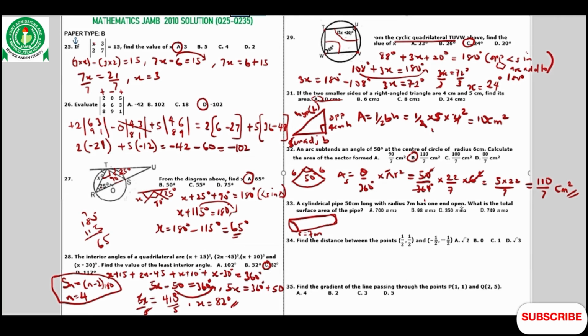Now, what is the total surface area? The radius is 7, and the length, which is also the height, you can call it the length or the height, is 50 centimeters.